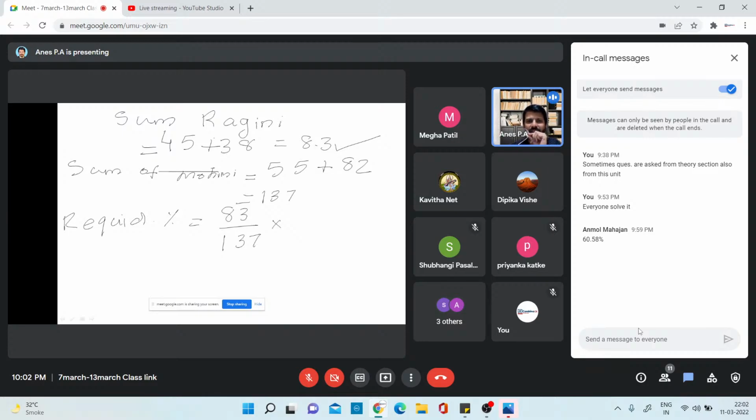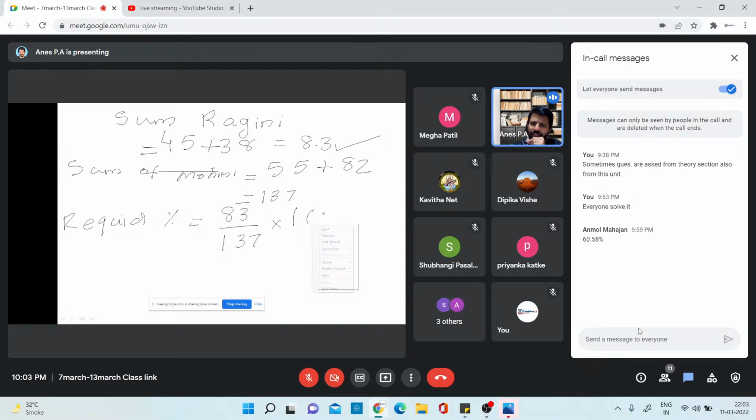We just find the two-subject total of Ragini for chemistry and biology. Got it? I will show it. We will find the total of Mohini in physics and mathematics. Then here we compare the percentage of Ragini based on the marks of Mohini. Got it?